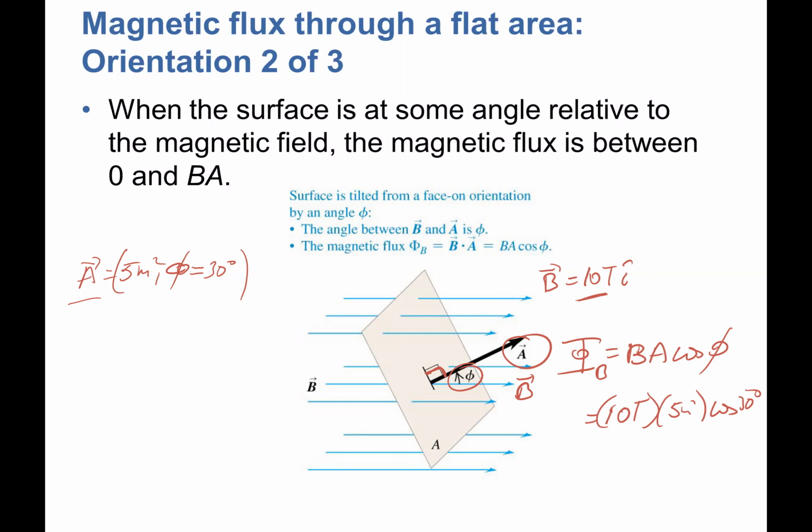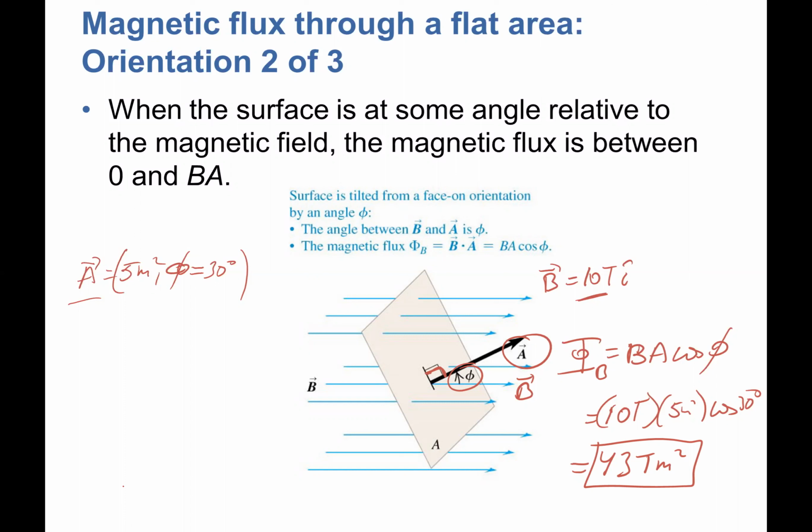So that means you can say cosine of 30 is 0.866 times 10 times 5. Then magnetic flux here is 43 Tesla meter square. That means you are decreasing magnetic flux if you change the orientation, right?